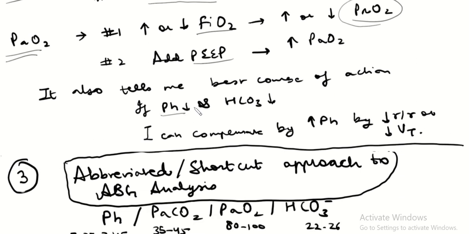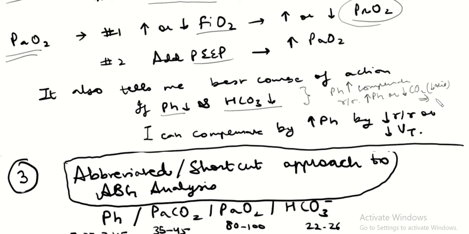If my pH is down and my bicarb is down, how can I compensate for it? I need to go up on my pH. On the respiratory side, I need to go up on the pH or go down on the CO2 because I need less acid.